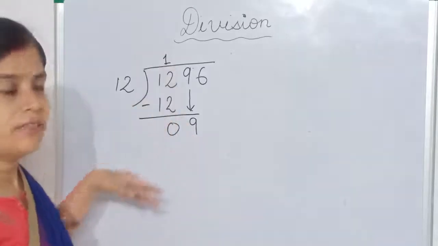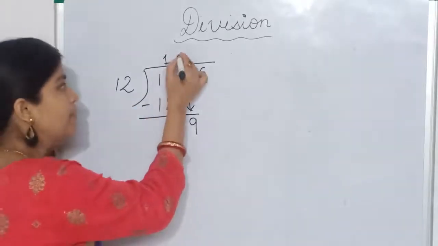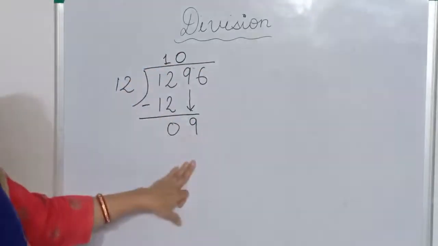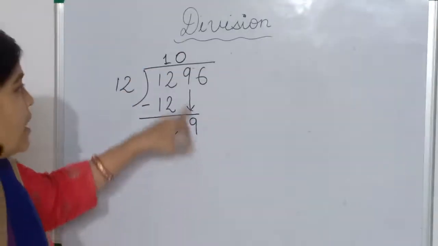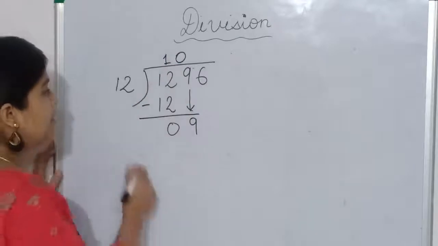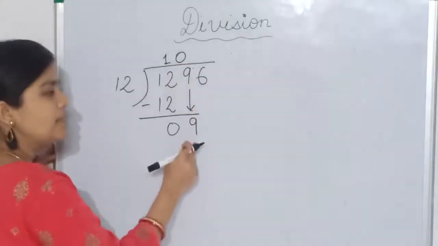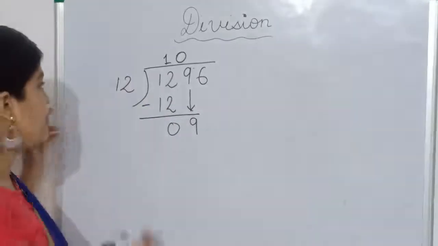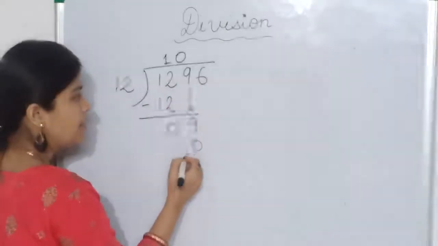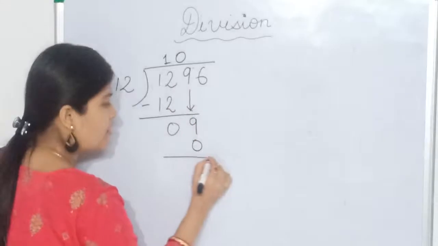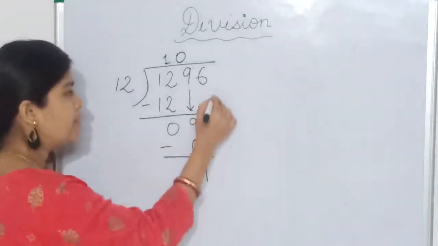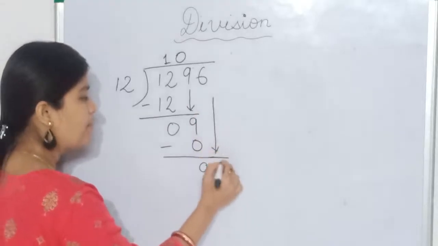He has done nothing, so I will put 0 here. After putting 0, only then can I call another one. Without 0 I can't call another one. So I have to put 0 first. That means 12 zeros are 0. 9 minus 0 is equal to 9. Now I will bring this 6 down.